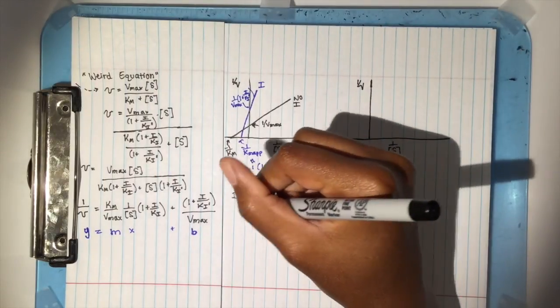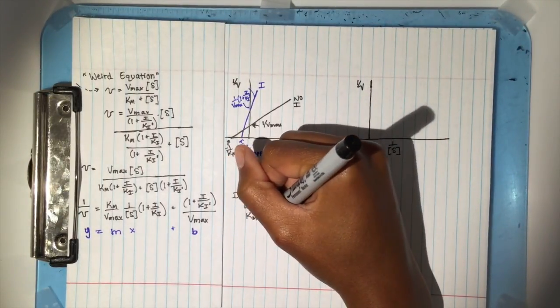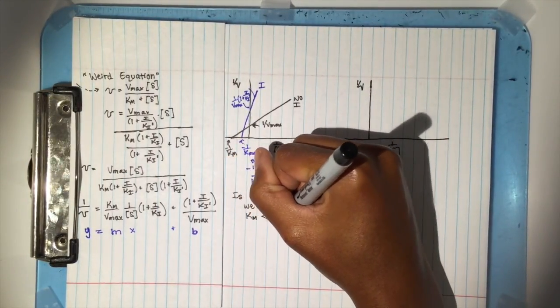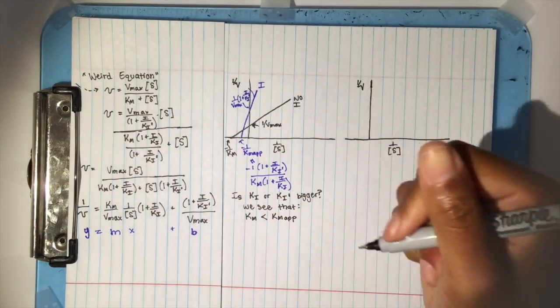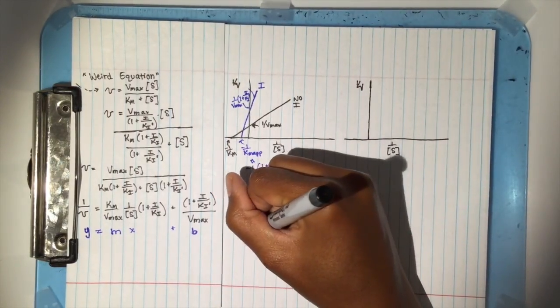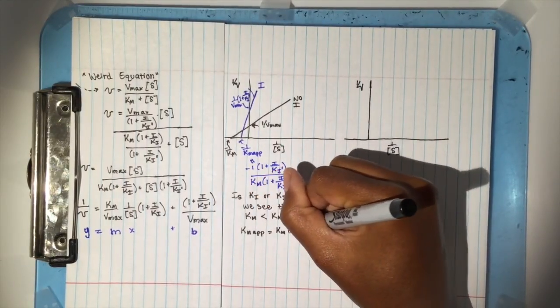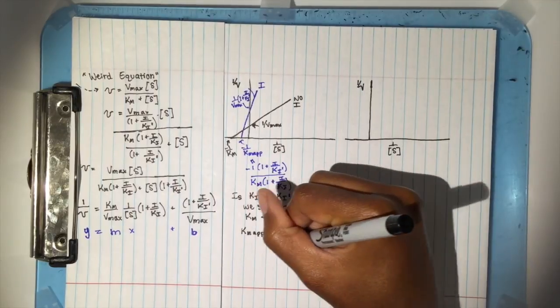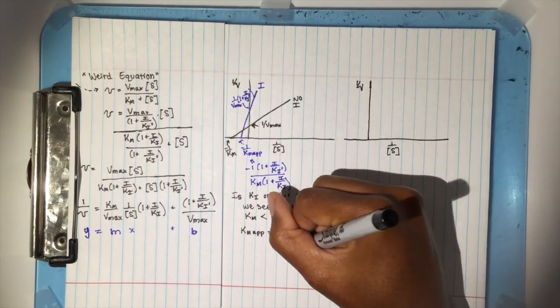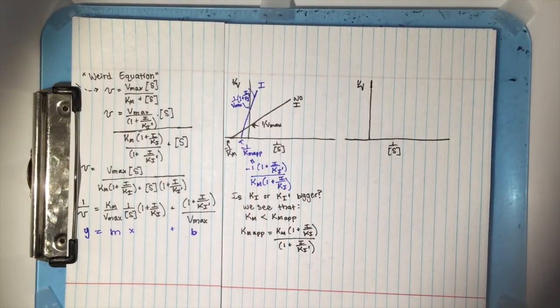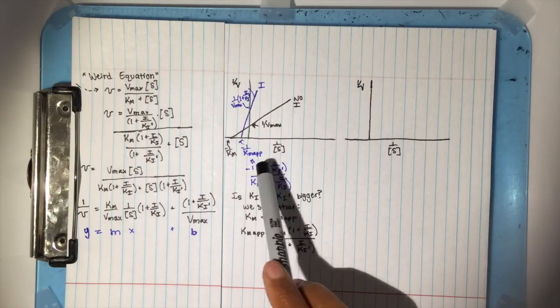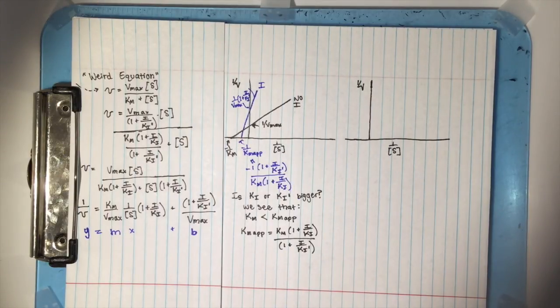And that is because if Km is smaller, that means that negative 1 over Km will be larger, and Kmap is bigger, so negative 1 over Kmap in blue is smaller. Okay? And so using our equation for Kmap, we have Km times 1 plus I over Ki all over 1 plus I over Ki prime. And so we see that Kmap is larger.